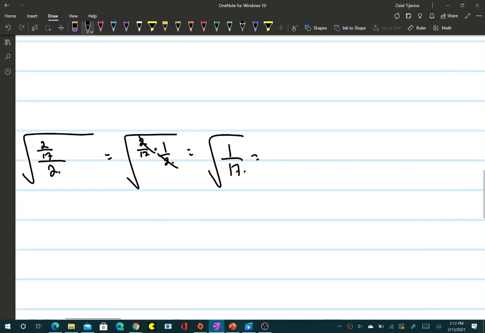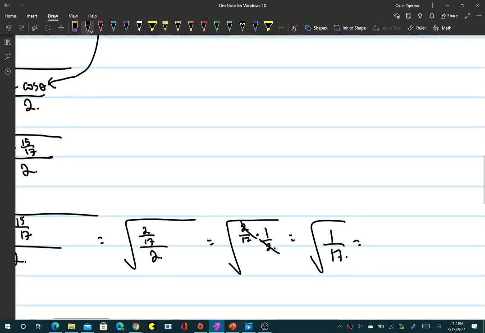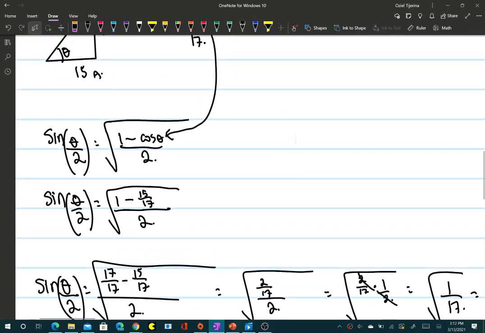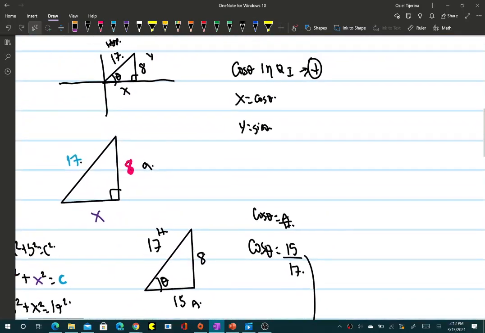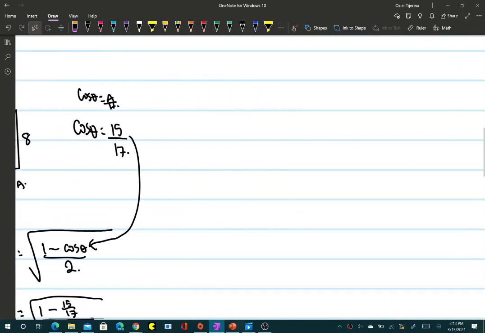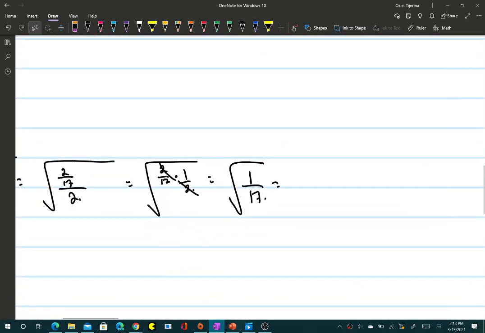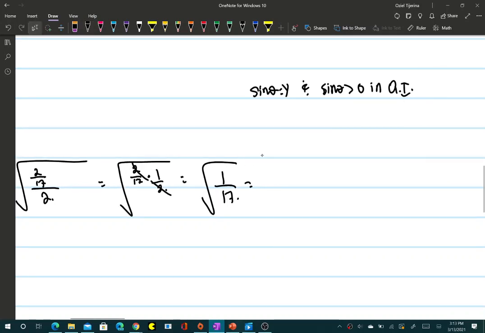And because sine of theta is in the positive y direction, since it's in the first quadrant, and sine of theta is y, basically because sine of theta equals y and sine of theta is greater than 0 in the first quadrant, we can say that this is equal to 1 over the square root of 17.